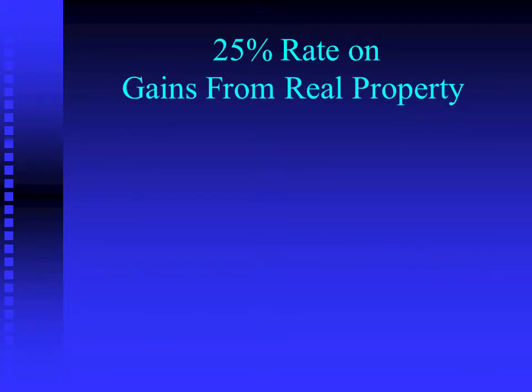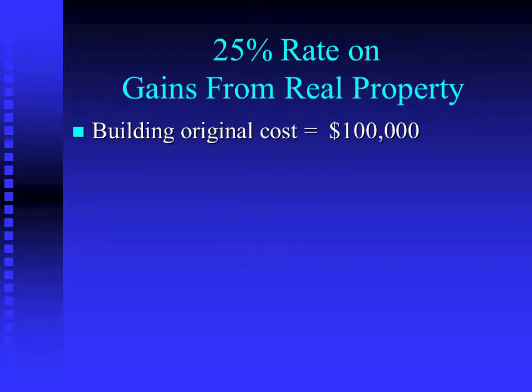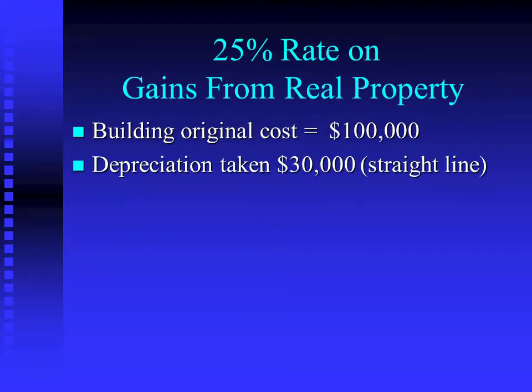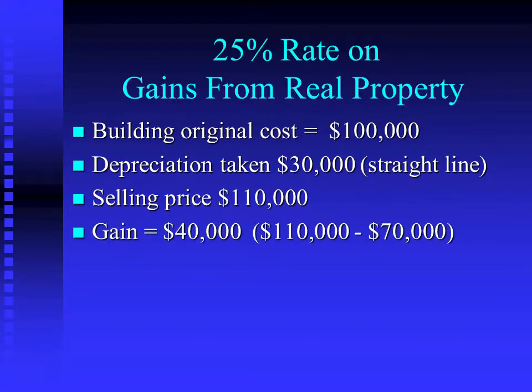Here's a second example. This time we have a building that originally cost $100,000. Depreciation taken was $30,000, and it's all straight line. So there is not going to be any 1250 recapture. So the non-1250 recapture will be all the straight line depreciation. We sold it for $110,000. So the first step is to take our amount realized minus our adjusted basis to get our gain or loss.